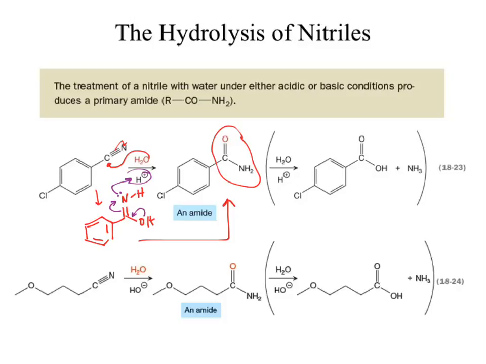The presence of water, as long as there's a high concentration of it, can force that reaction to go the other direction. The nitrogen and the water are in equilibrium with each other. They can go back and forth. We can do it under acidic conditions. We can also do it under basic conditions. We'll both end up at the exact same result eventually.